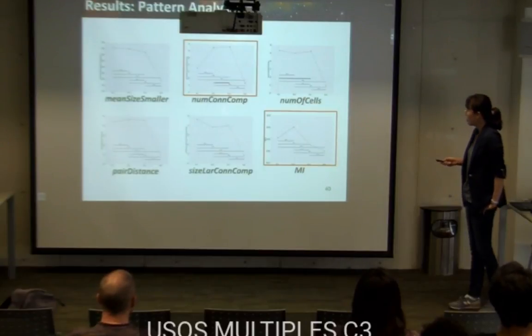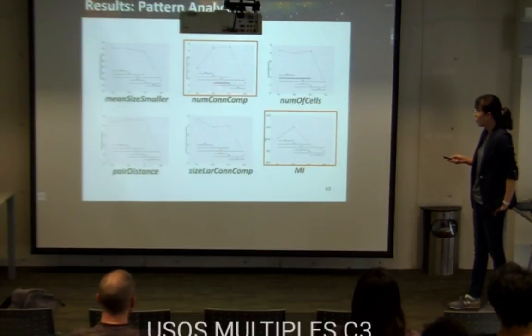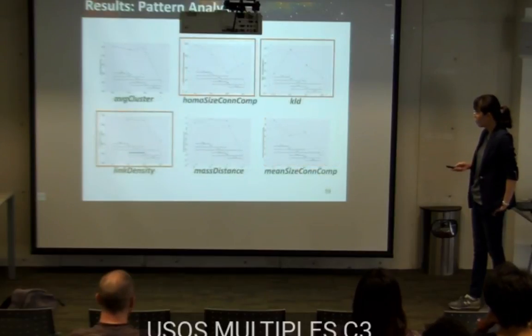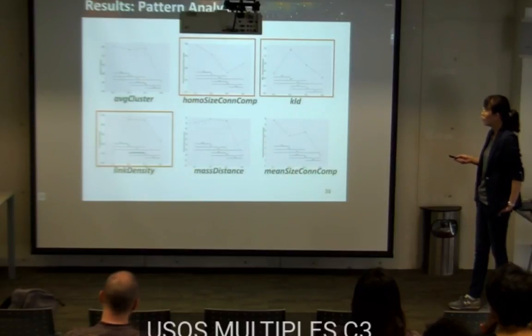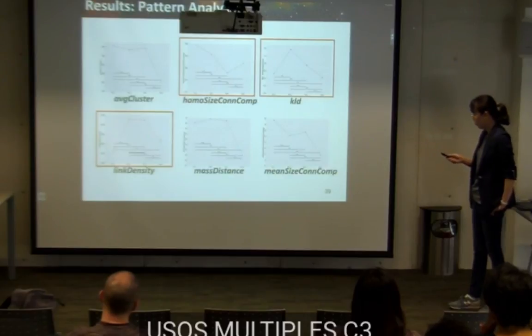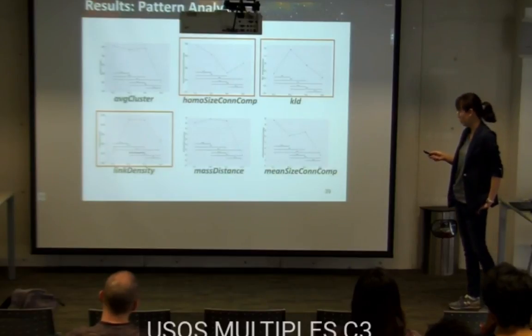However, the number of connected components, mutual information, homogeneity of sizes of connected components, Kullback-Leibler divergence, and link density showed completely different trends.